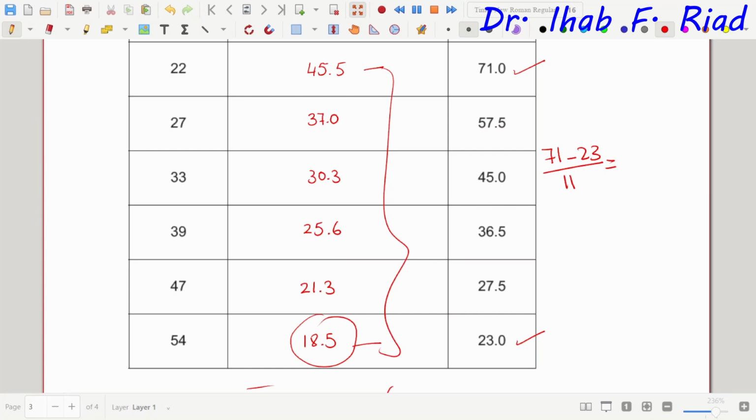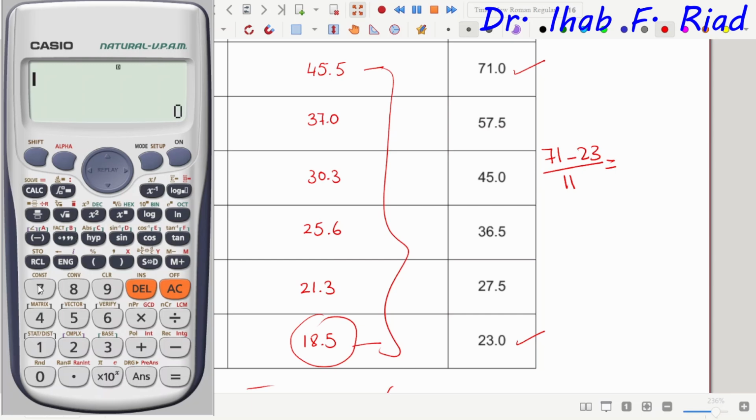We get 4.36. Again, we round this up to 5. From where should we start? I think a good choice is going to be starting from 20.